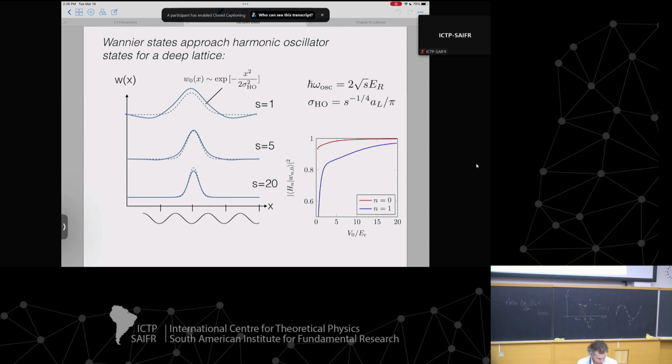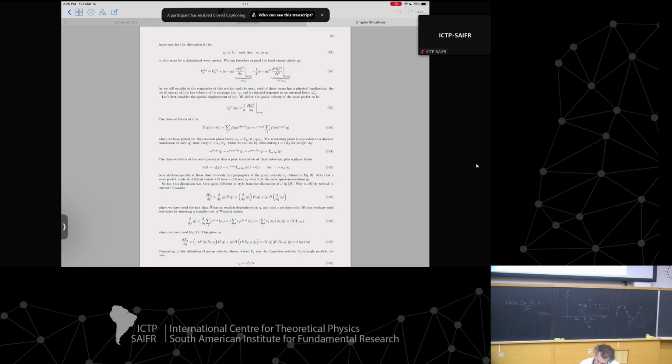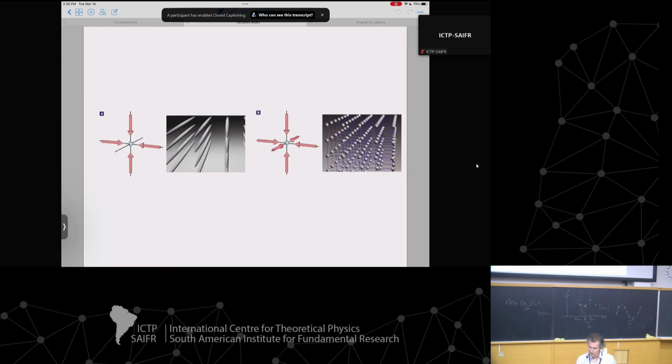So what's this good for? First of all, it's good to just have a nice analytic expression for the on-site density distribution in a lattice. But there's also something else which is really nice you could do with this, which is you can make low-dimensional clouds.